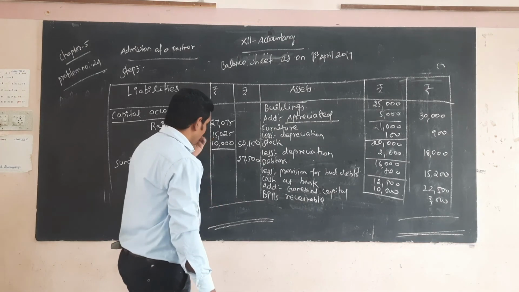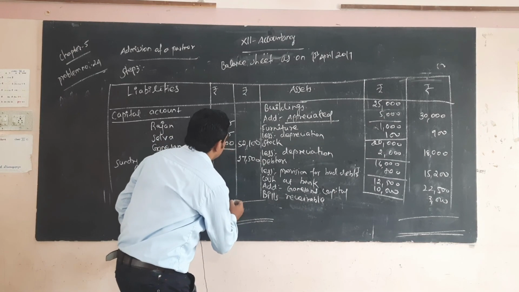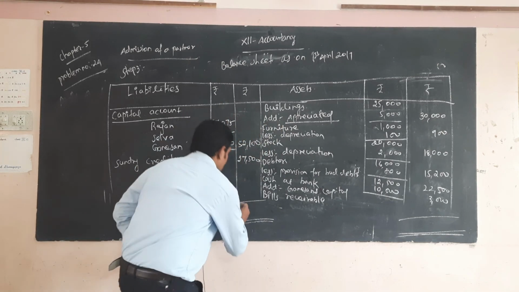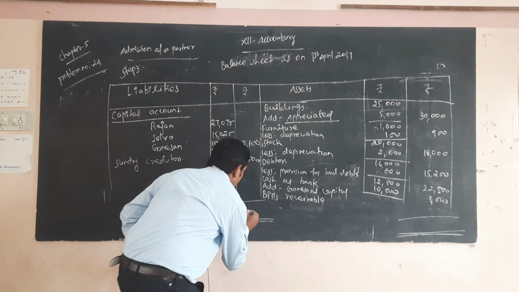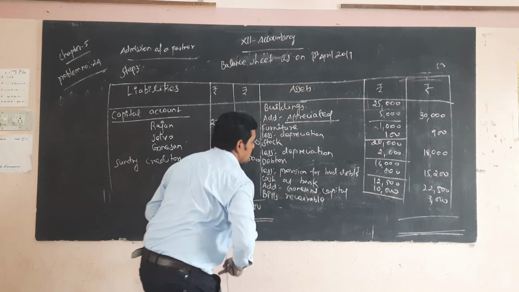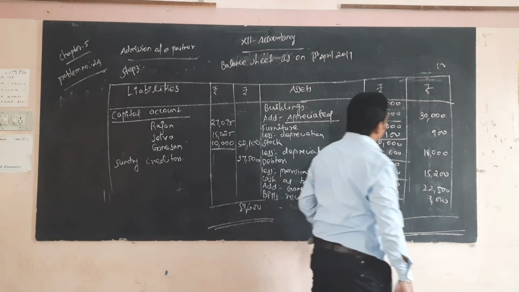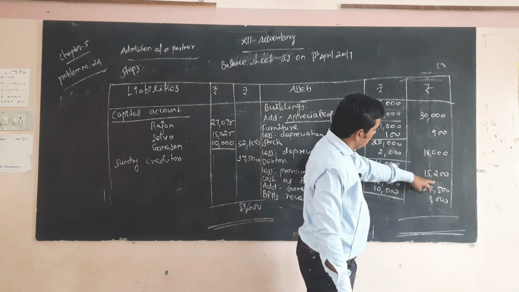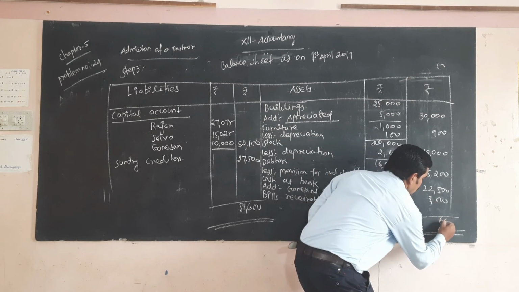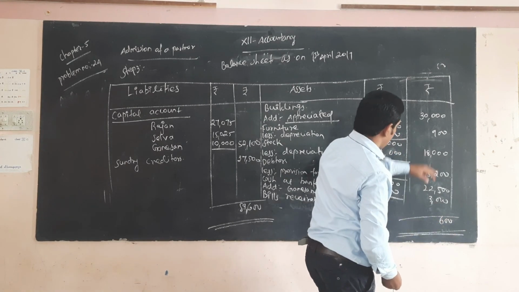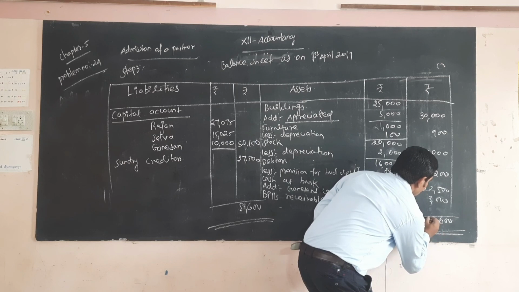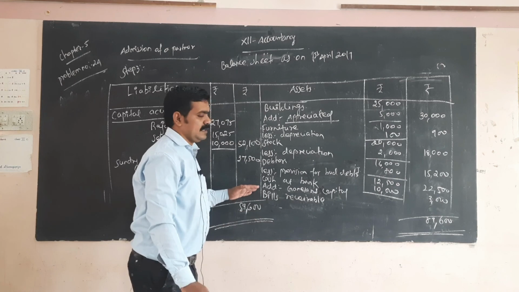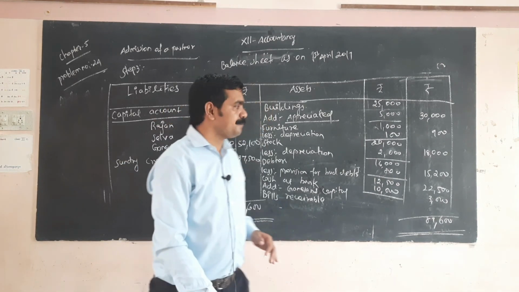So the total is 89,600. 89,600 is the final value.